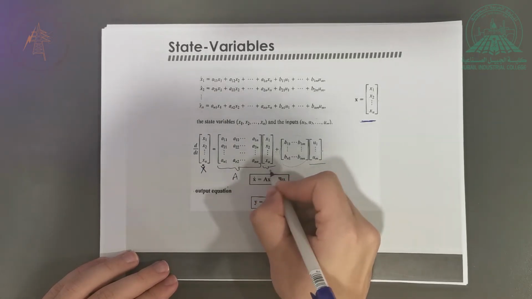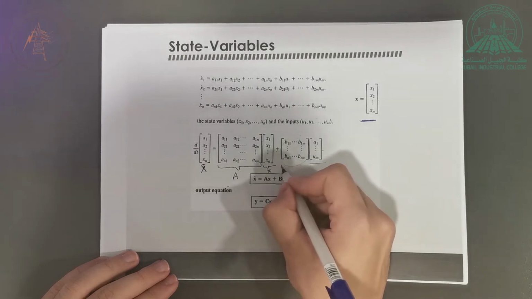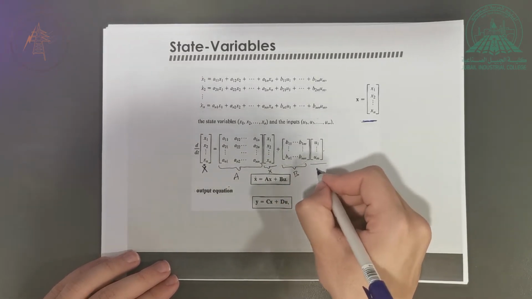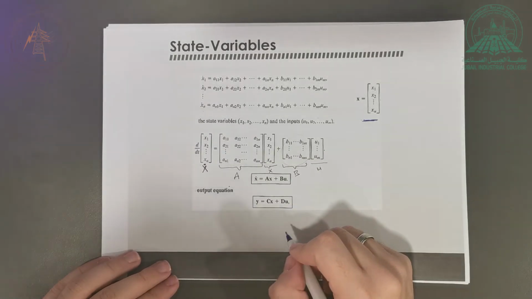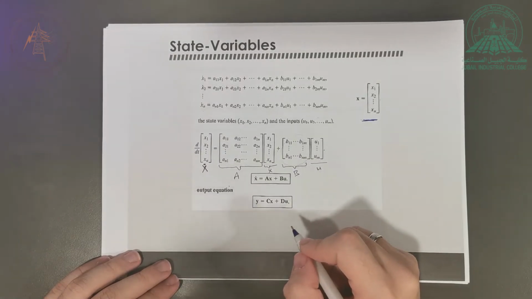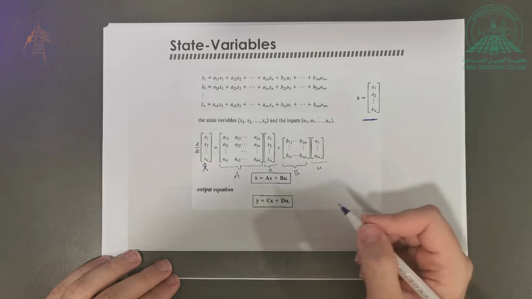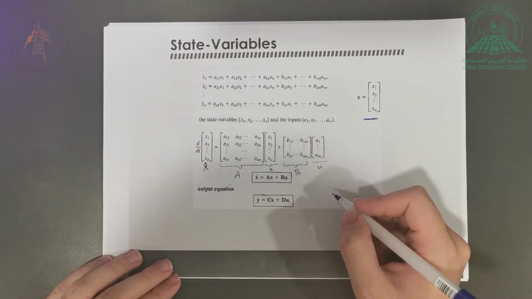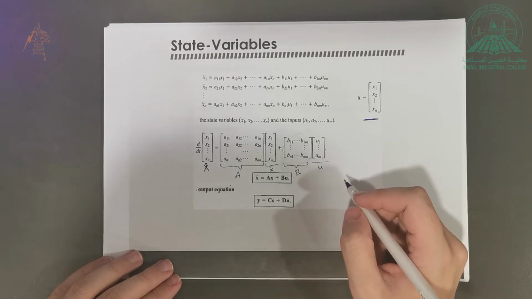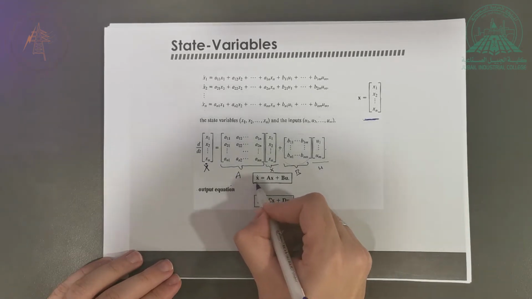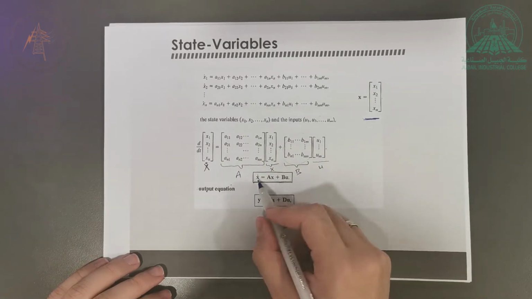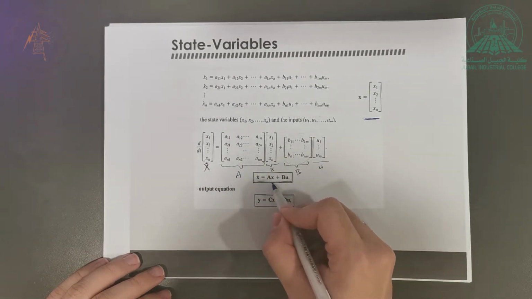This is x. This is the B matrix, and here are the inputs. Usually we are familiar with a single input, but we can have more than one input. In this case, we have m number of inputs. So this is how the state equation in matrix form is written: x dot equals Ax plus Bu.